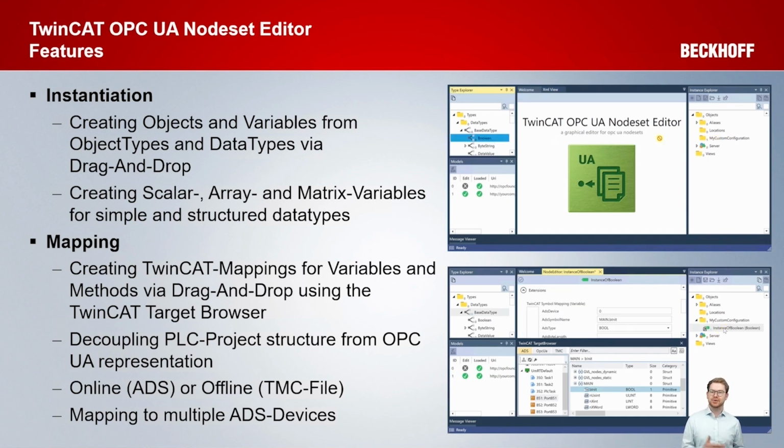And this allows you to decouple the PLC project structure from the OPC UA representation. The mapping can be done online using ADS or offline using the TMC file that comes out of your TwinCAT project. And you can also do the mapping to multiple ADS devices in one node set, meaning you could acquire from multiple PLCs into one OPC UA server.